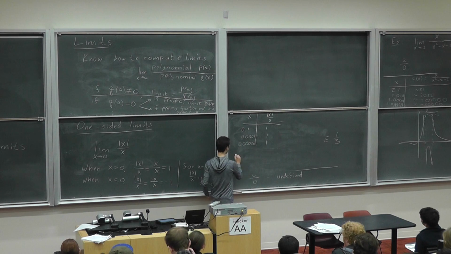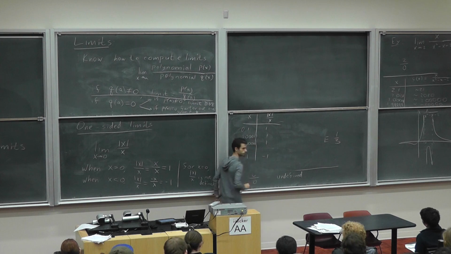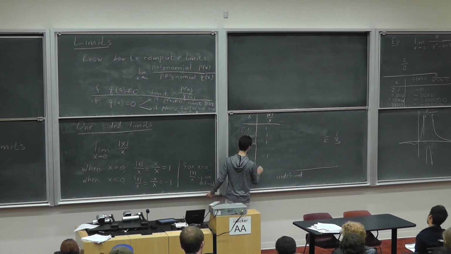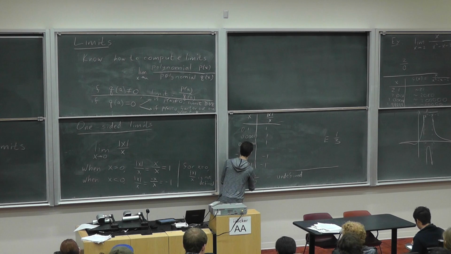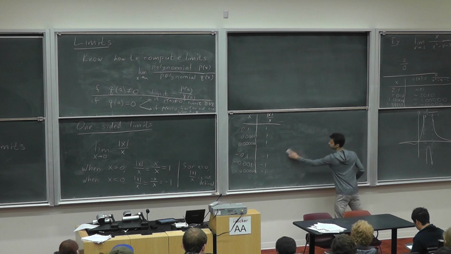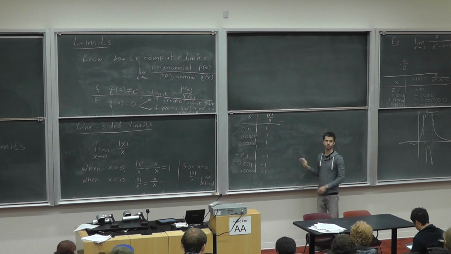But then I try some negative value. Minus 0.1, the answer is -1. Minus 0.001, the answer is -1. Minus 0.000001, the answer is -1. So unfortunately, I don't have a convergence.